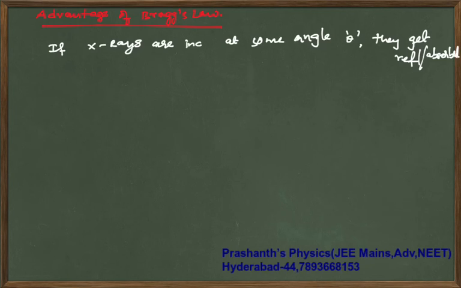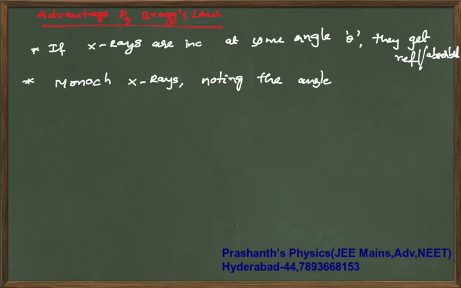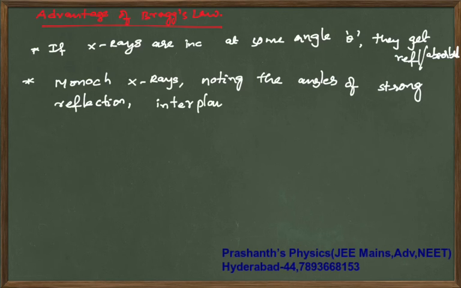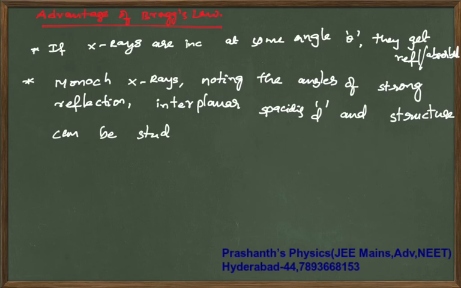So using this idea, sending monochromatic X-rays and noting the angles of strong reflection, what we can get is the interplanar spacing d, and the structure can be studied. So that is the advantage of Bragg's law.